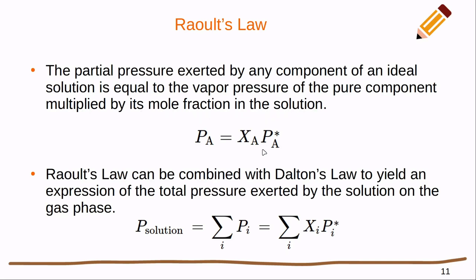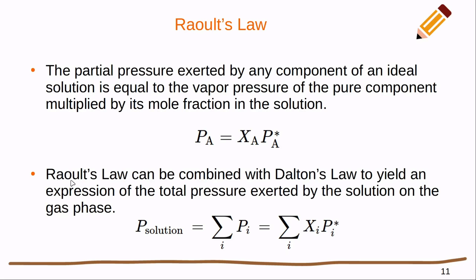So we know the vapor pressure of pure solvents. This is a thing that we can just go and look up. And if we multiply that by the mole fraction, which is again just the fraction of the overall solution that is that solvent, that will be the partial pressure, the vapor pressure of that component exerted by the solution.